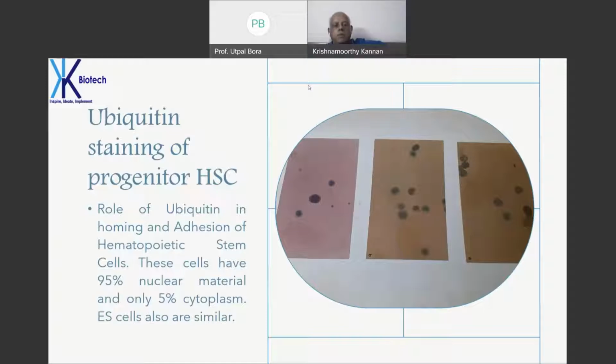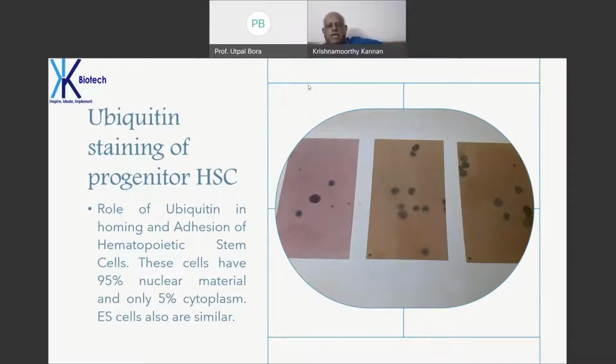What we were amazed to see was that there is only 5% cytoplasm and 95% nuclear material in the mother stem cell. And we found that ubiquitin is responsible for the homing and adhesion of bone marrow cells.